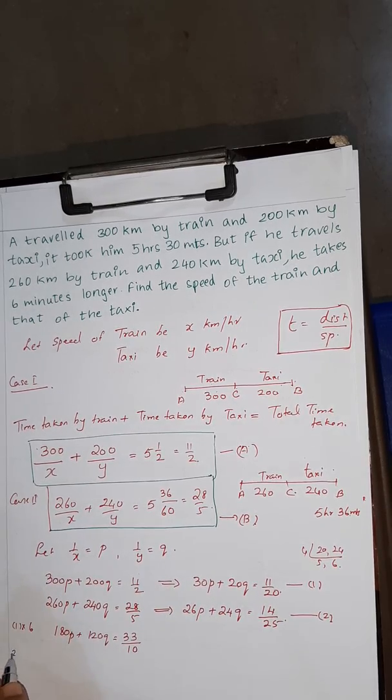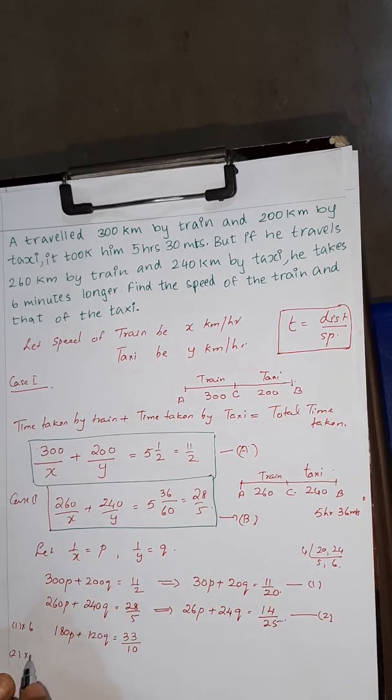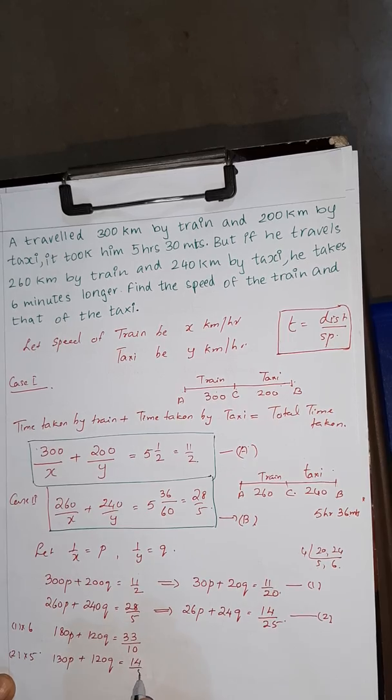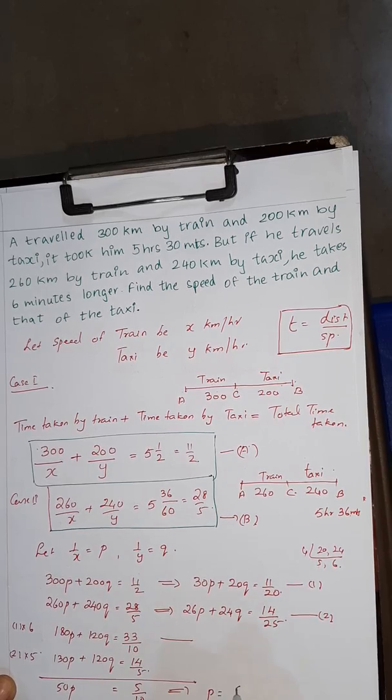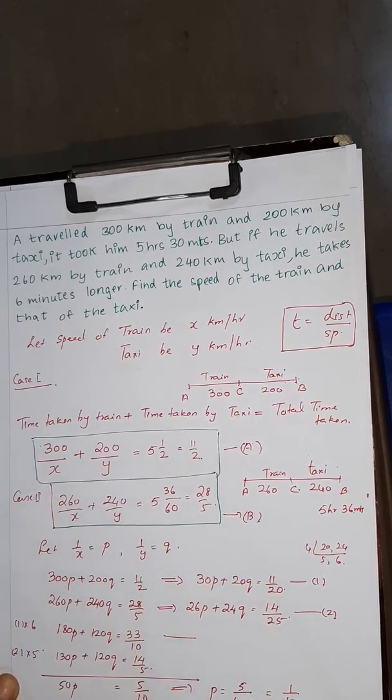And the second equation is 24, 6 into 4, 24. So, I have to multiply by 5. So, this will become 130P plus 120Q is equal to 14 by 5. I subtract. So, I will get it as 50P is equal to 5 by 10. From this, P is equal to 5 by 10 into 50 is equal to 1 by 100.